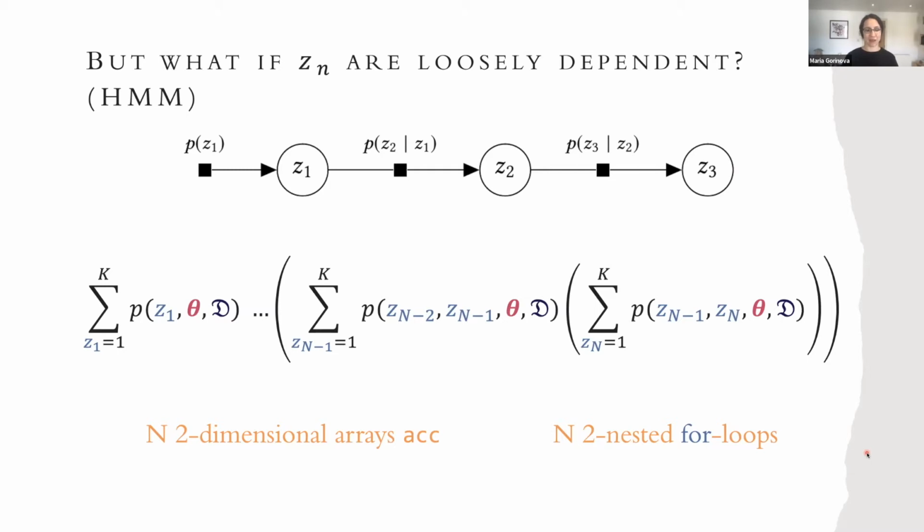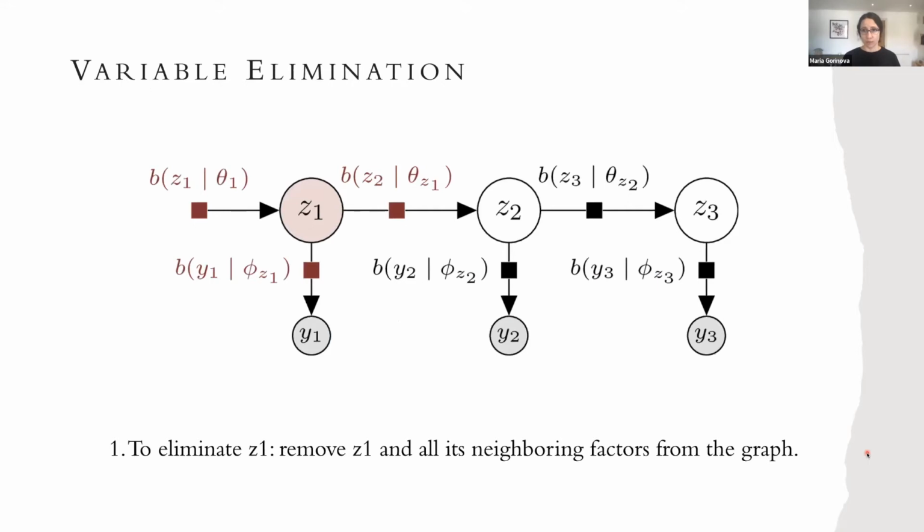And the idea of this research was to find a way to exploit these conditional independencies so that we can do the marginalization efficiently. Here I very quickly explain what variable elimination is, which I suppose is not needed for this audience, but just in case somebody's familiar.